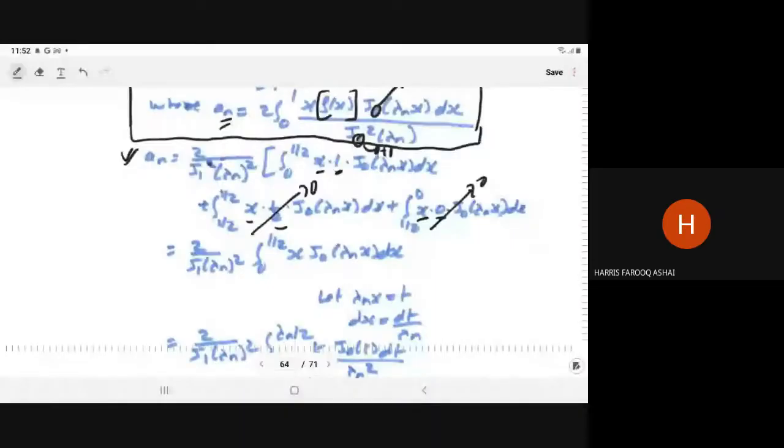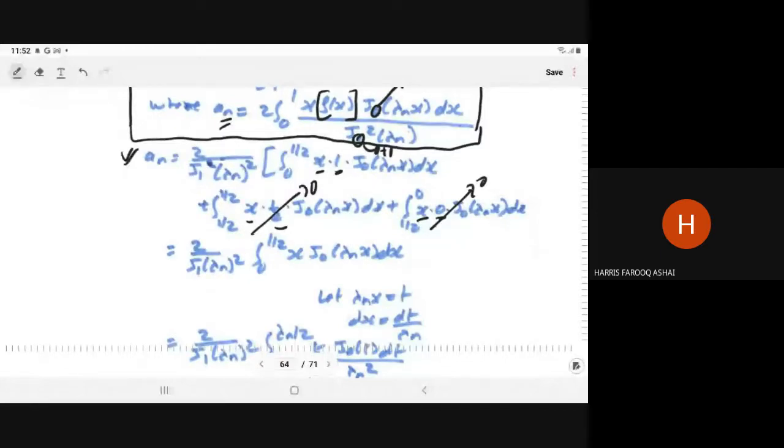So here we have x into f(x), 1 between the limits 0 to half, x into half for the half, and x into 0 for half to 1, into j naught lambda n x. So this is 0, upper and lower limits are the same. So only we have 2 upon j1 lambda n square, integral 0 to half x j naught lambda n x.